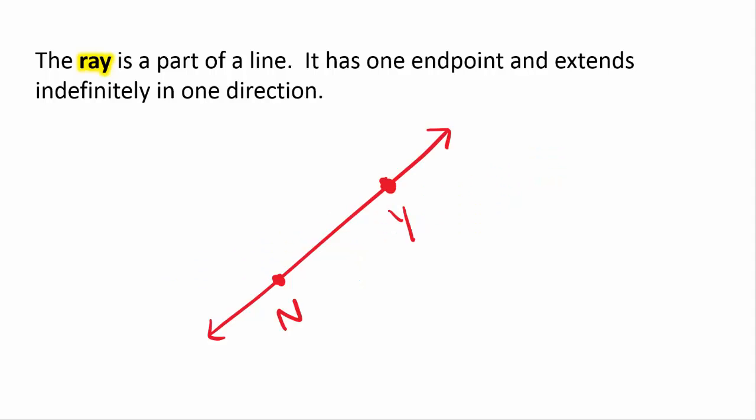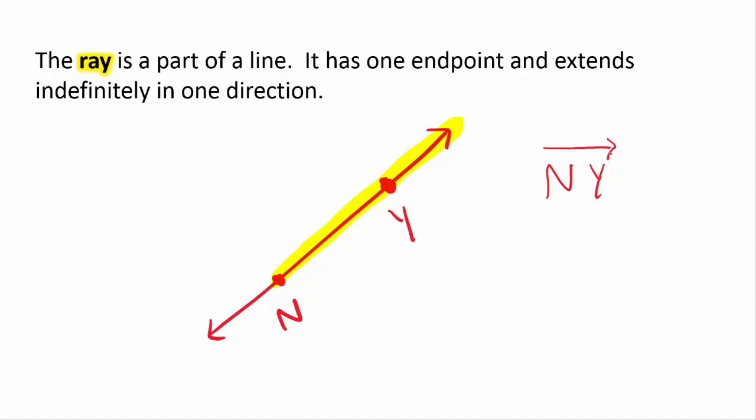Here we have another ray, and I'm going to show you now how to name this ray. If we were just speaking about the part of the line here that starts at N and goes on through Y indefinitely, since N is the endpoint, I'm going to name this ray NY. I'm going to draw a line over it, and because it's starting at N, passing through Y and it keeps going, I'm going to put the arrow on this side.